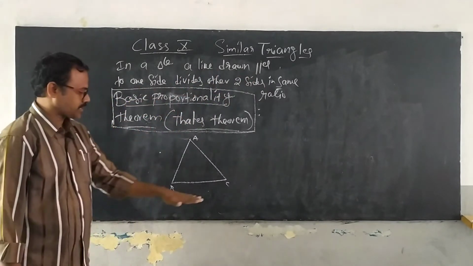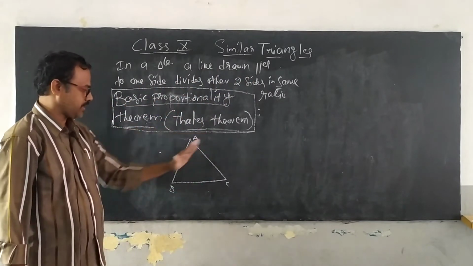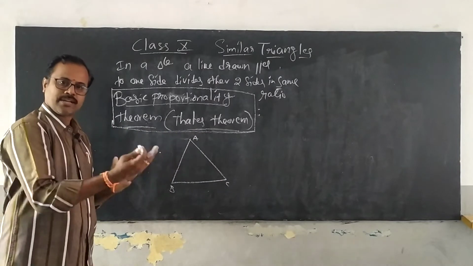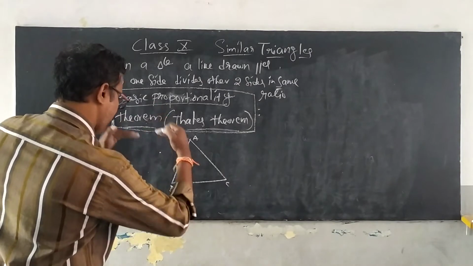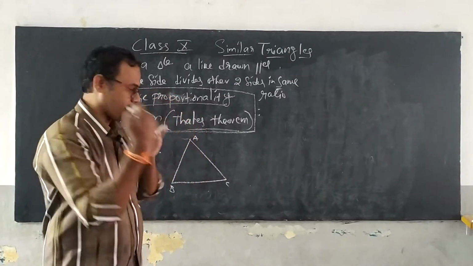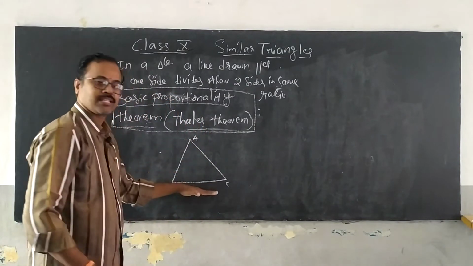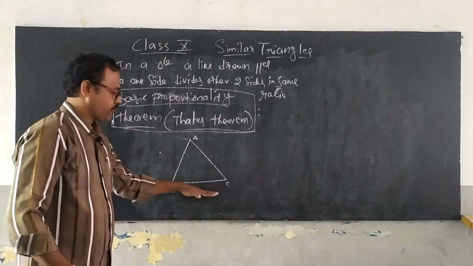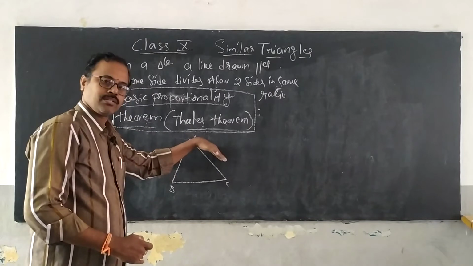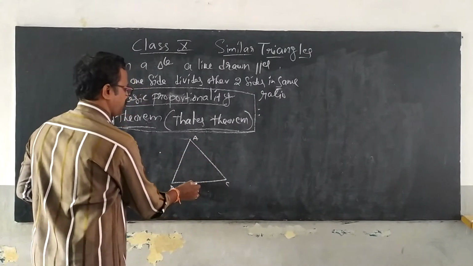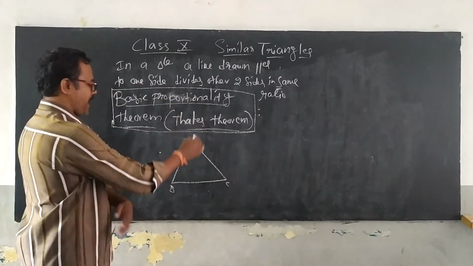That means you can select BC or AC or AB, any one side. But according to our vision, BC is considered as the base. If you consider AC as the base, then you have to turn your head in this manner, isn't it? So let's take BC as the base. Now I draw a line parallel to BC.